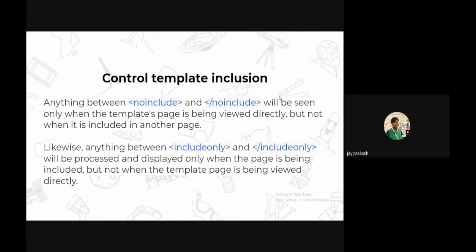For that functionality we have two template inclusions. First is noinclude, and second is includeonly. Let me discuss the first. Anything between noinclude will be seen only when the template page is being viewed directly, but not when it is being included in another page.